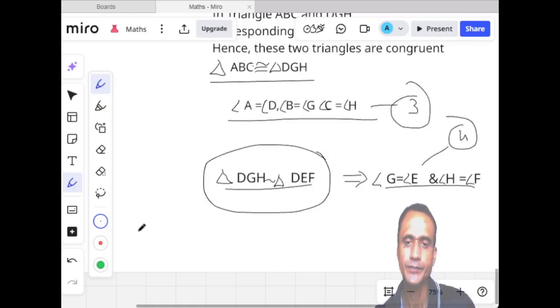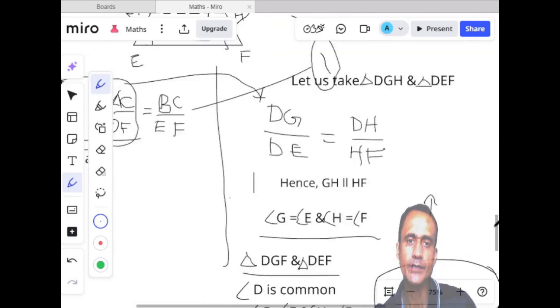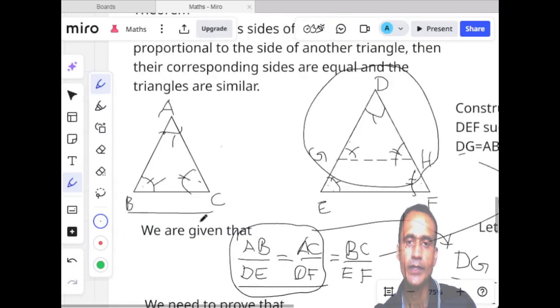we get A equal D given, B equal G and G equal E, so B equal E, C equal H and H equal F, that means C equal F. So in these two triangles ABC and DEF, the corresponding angles are equal, sides are proportional, hence these two triangles are similar.